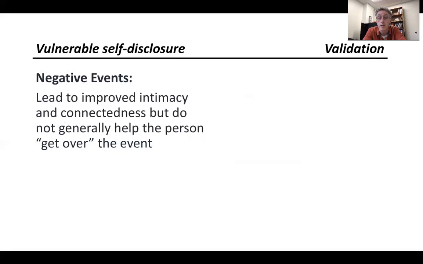Disclosing negative events to others doesn't necessarily help them get over or process the event any faster, but it does have clear benefits with respect to feeling closer and more connected to the person, feeling less isolated and alone when bad things happen, and things like that. So that's how we tie this into our model of intimacy rather than our model of processing or getting over negative feelings.